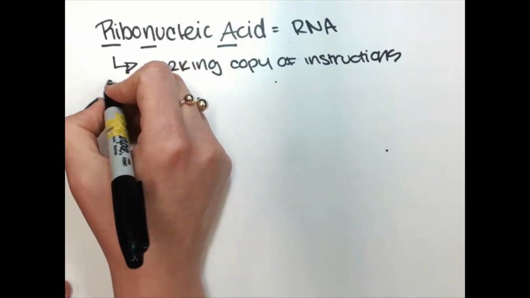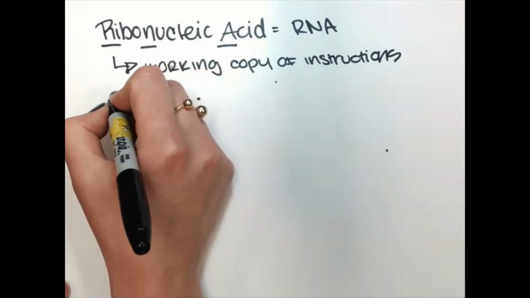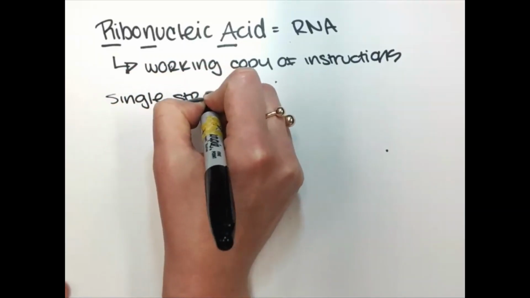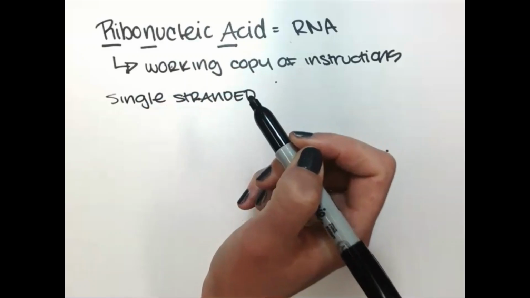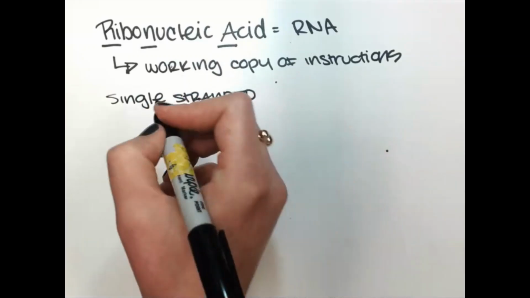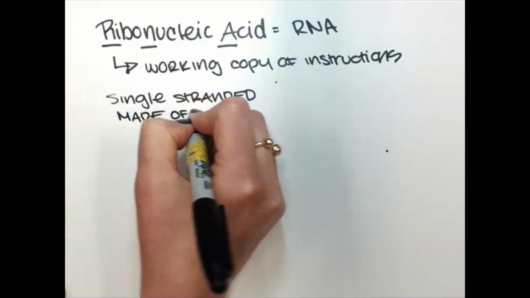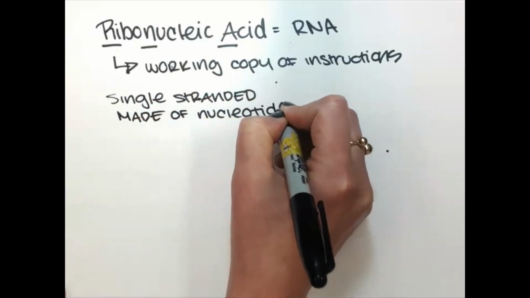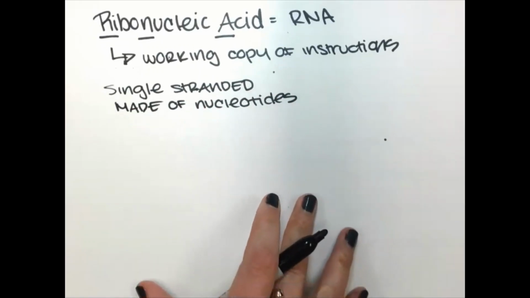Now, RNA, unlike DNA, is going to be single-stranded. So you only have one chain of nucleotides, but it's still made of nucleotides. But these nucleotides are slightly different.